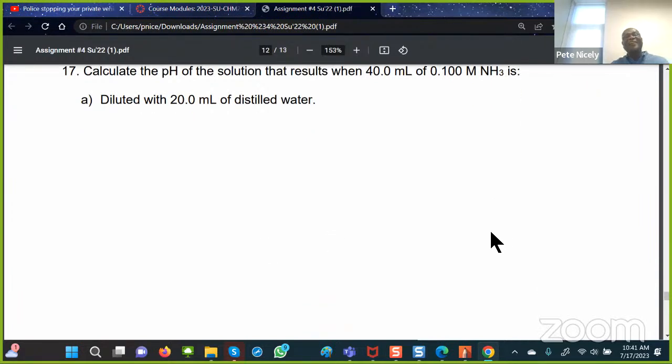So let's hear your ideas about this one. How would you go about solving this one? Anybody? Somebody?